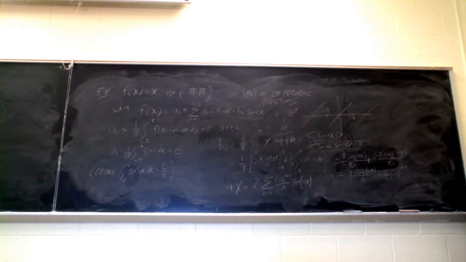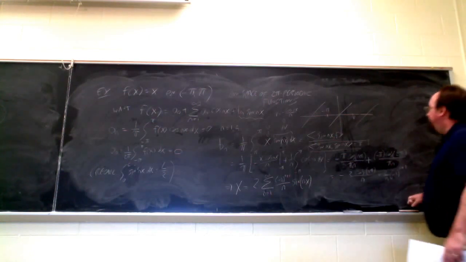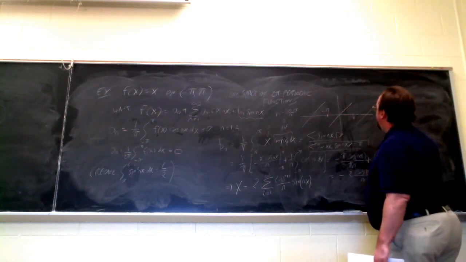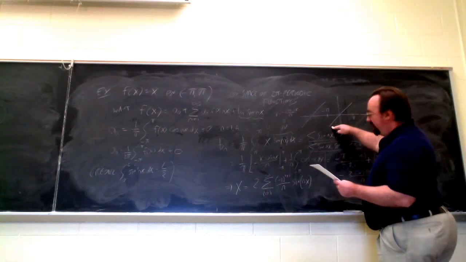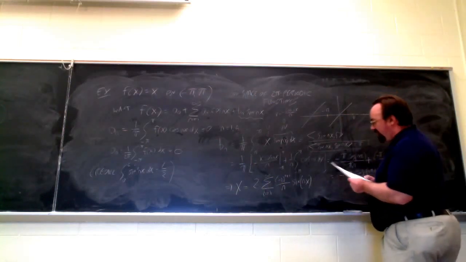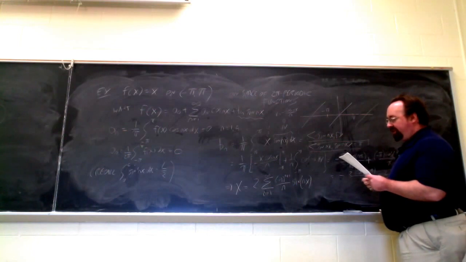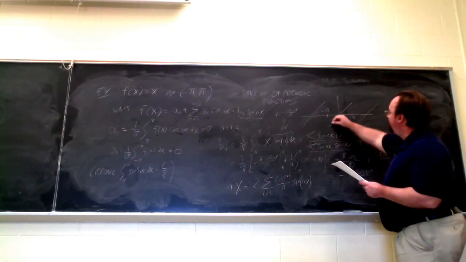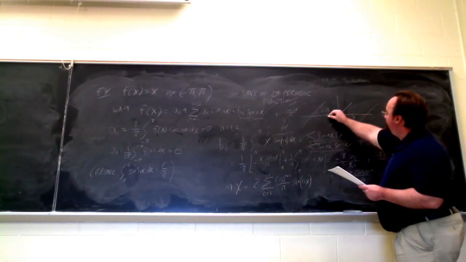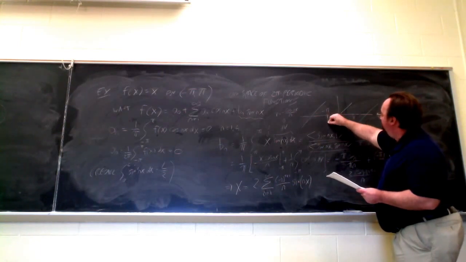And here's what happens if you actually go ahead and do that. So I'm going to add to my picture here. Here's the actual function I'm trying to approximate. As you form your series, what you get is something like this, where you have oscillations.